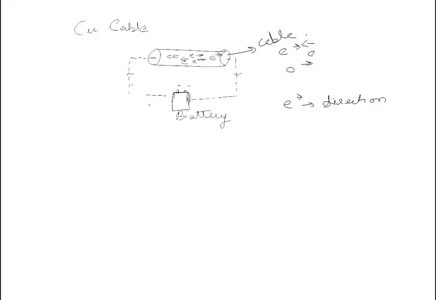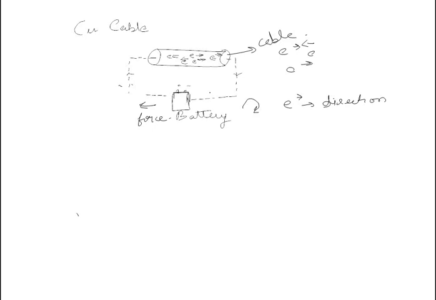Whenever a battery is applied, what is applied? Voltage. A voltage force is applied. So whenever the force is applied, it gives force to the electrons, and the electrons gain direction due to that force, and they start moving in a particular direction. So first they were moving in random directions, and after the battery is applied to the closed circuit, the electrons start moving in the same direction.